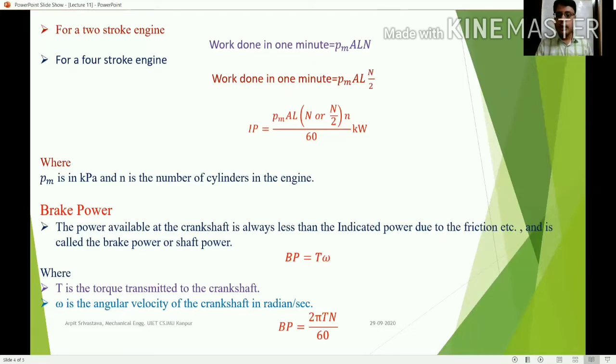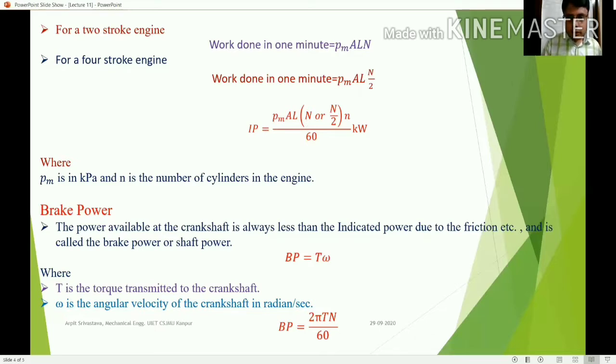So if the crankshaft runs at 500 RPM in a 4-stroke engine, then only 250 RPM produce power. That's why work done in 1 minute is Pm multiplied by AL multiplied by N by 2. So the indicated power is equal to Pm AL, that is the work, multiplied by N if we want to calculate this work per minute.